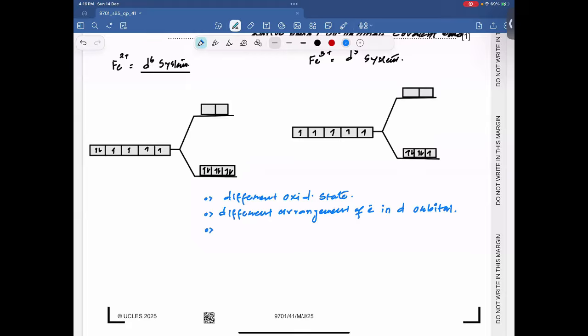Then we have different d-d electronic transition. Then we have different energy absorption region.